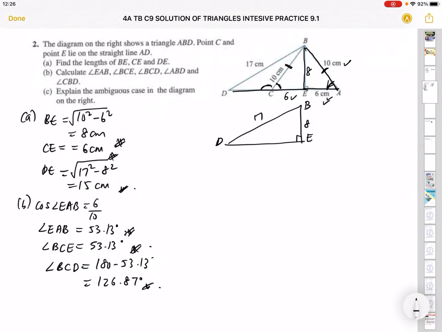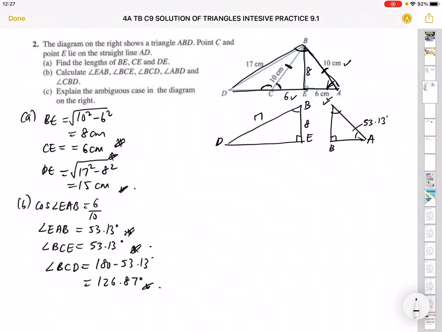Alright, next I want to find angle ABD. To find angle ABD will be this whole thing. I think we need to find this angle and add it up with this angle over here. Now we already know that this is 53.13, right?